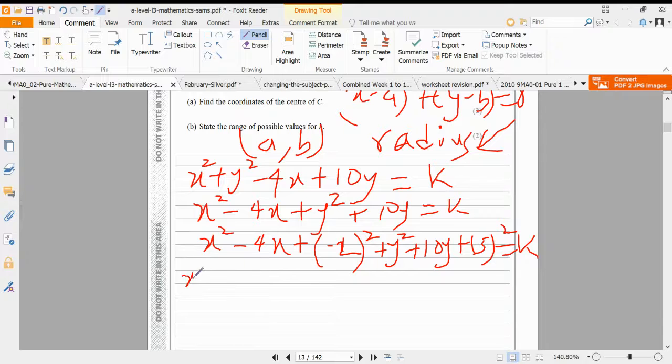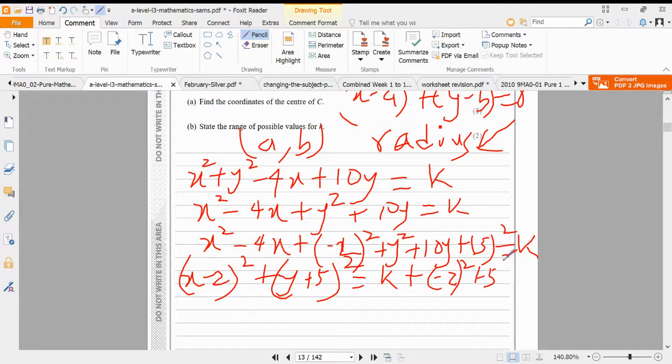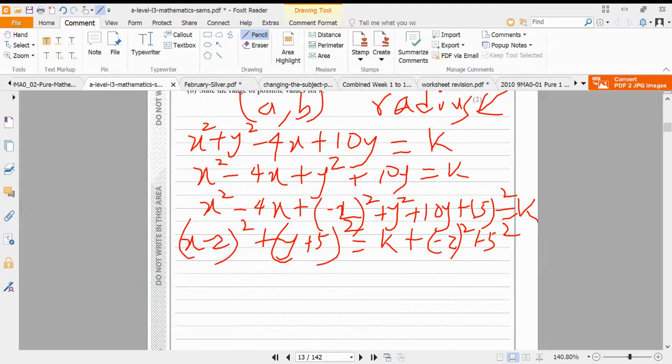Before I do that to the right hand side, I have (x minus 2) squared plus (y plus 5) squared equals k, plus now you have minus 2 squared plus 5 squared. At this point, all you need to do is to make sure that your equation looks exactly like the standard way of writing the equation.